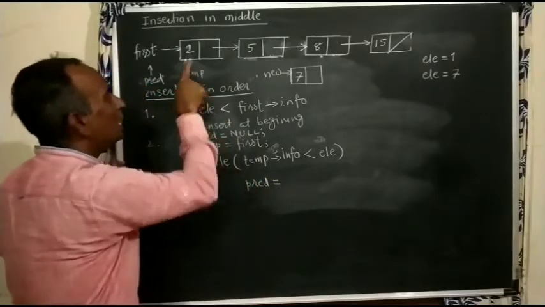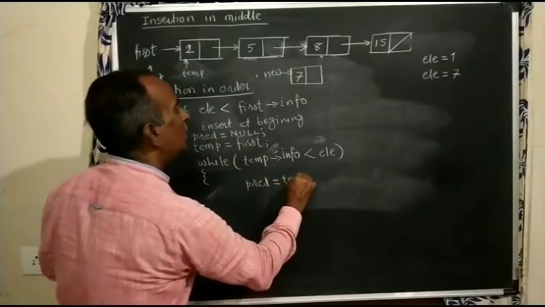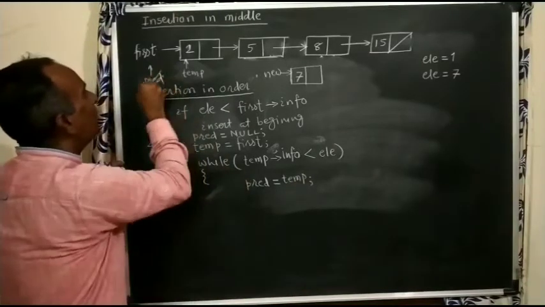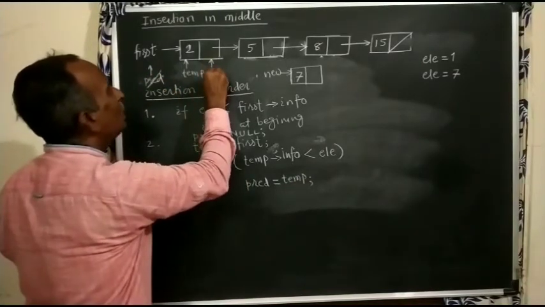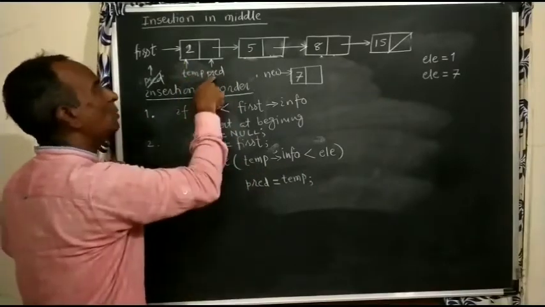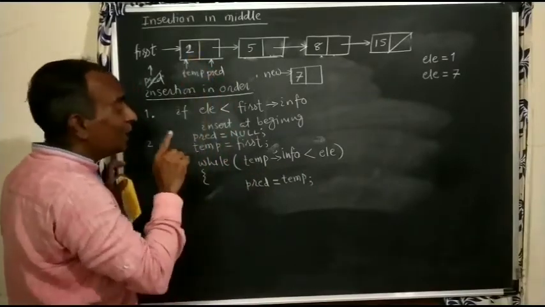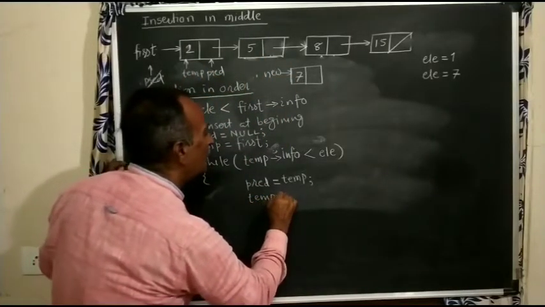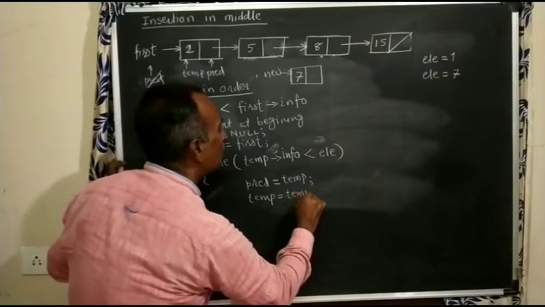Predecessor should point to current temp. This is given temp. Now what will happen by this statement? Pred will point here to this node because temp is given to pred. Temp points to same node, pred points to same node. Now you move temp. Temp is given temp's link field.